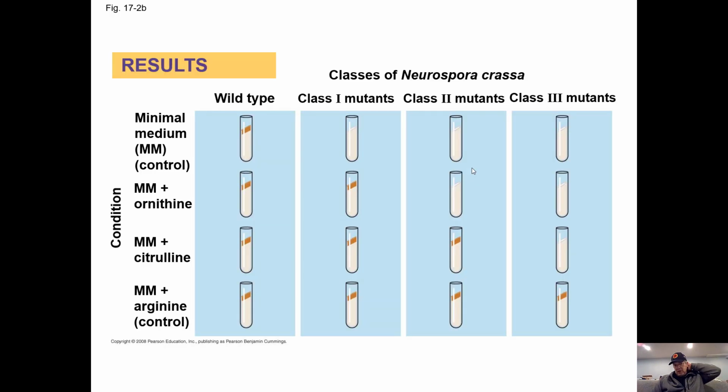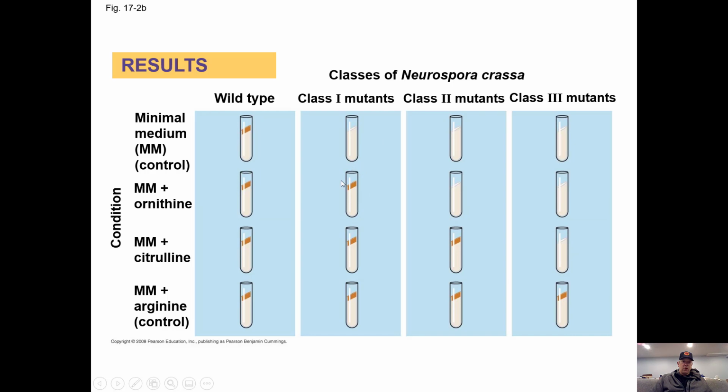What they found was they've got these mutants, mold that were exposed to X-rays, and some of them could grow on minimal medium if you supplemented it with ornithine, which is kind of like an amino acid.